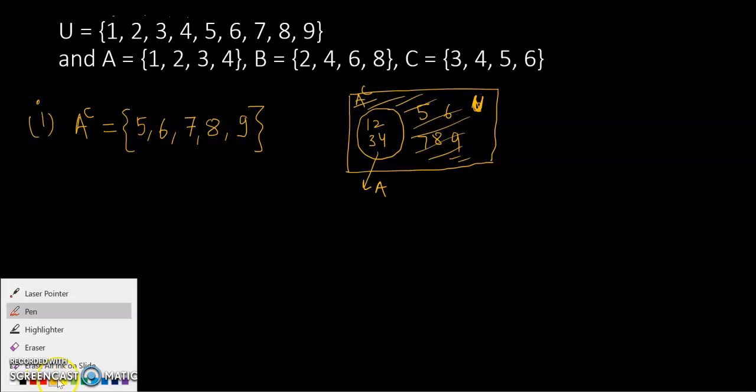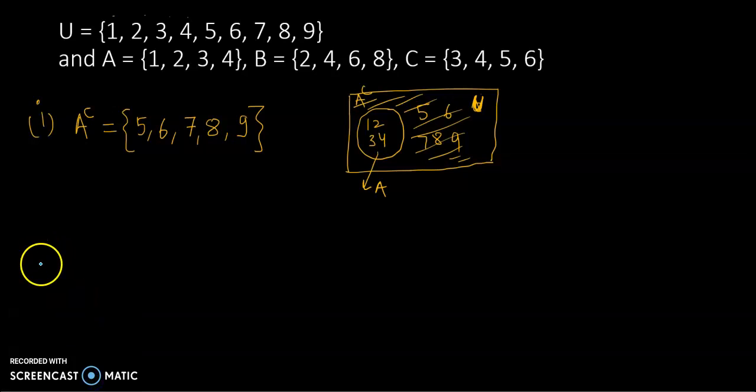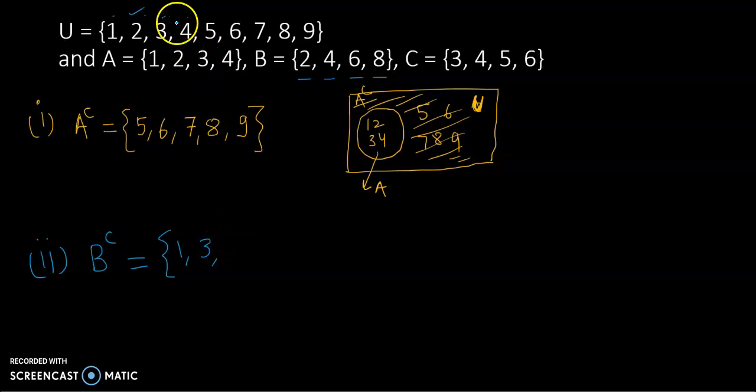Let's think about another example where I can find, let's say, the complement of B. Now I'm going to collect the elements from the universal set which are not part of B. B has 2, 4, 6, 8, and in the universal set, 1 is not part of B. 2 is part of B, so I'm not going to take it. 3 is not part of B, so I'm going to write 3. 4 is in B, so I'm not going to write it. 5 is not in B, so it will become part of my complement.